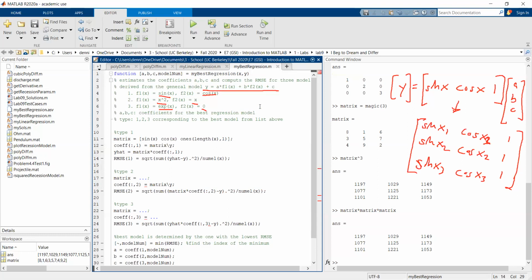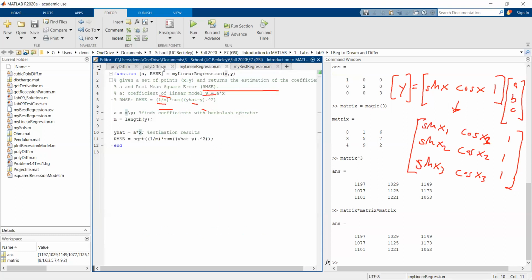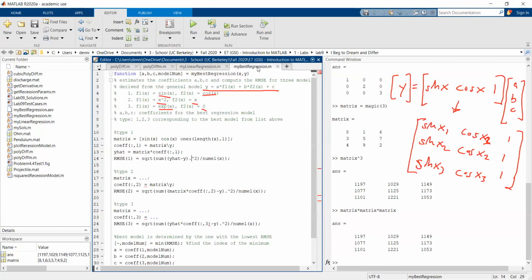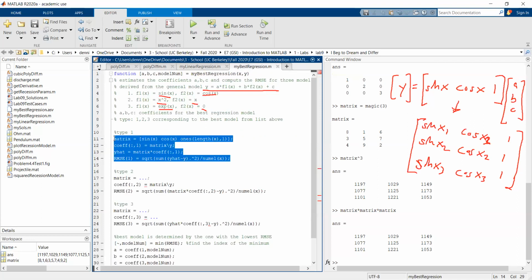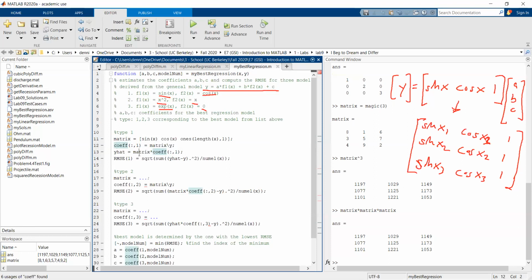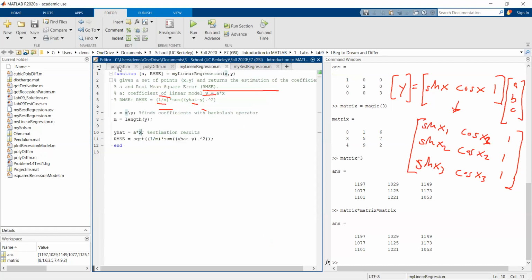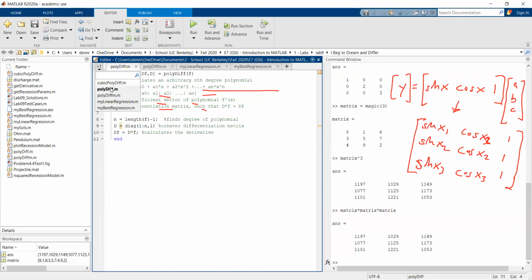Okay. And one thing we could do is, did I miss anything? I don't think I did. So that's the first one, by the way. I'll leave this at type 1. You guys do type 2 and type 3, and then the same thing for polydiff. But I've shown the code for this one, and the first one.